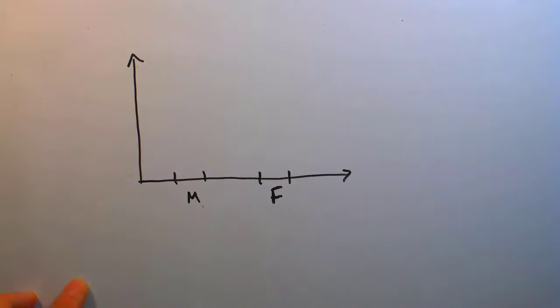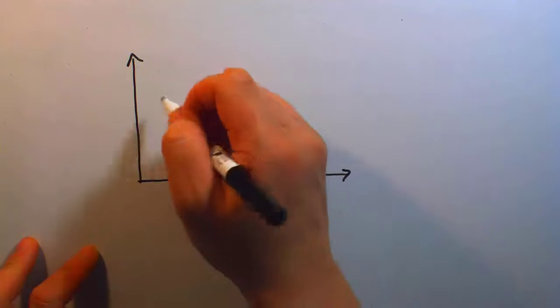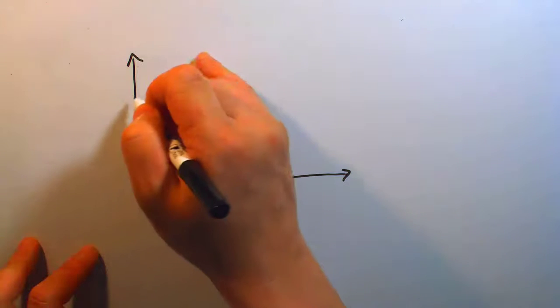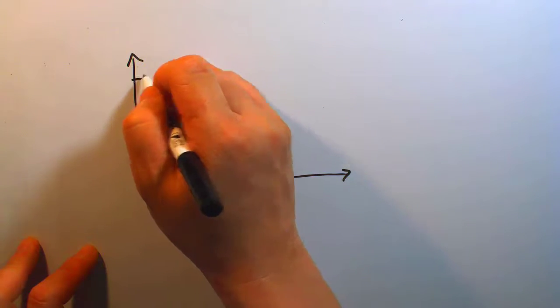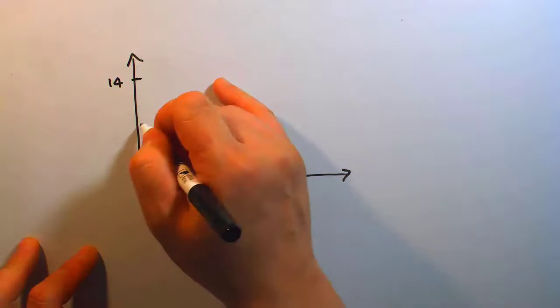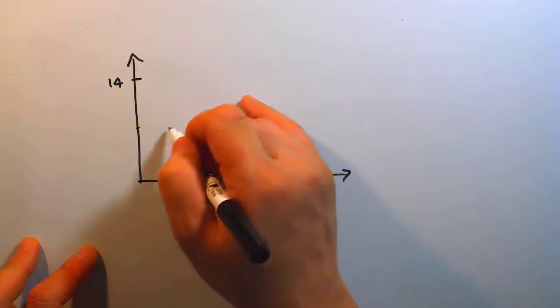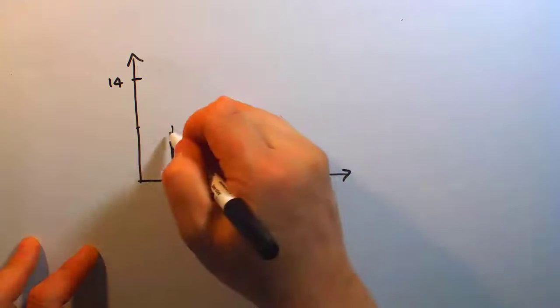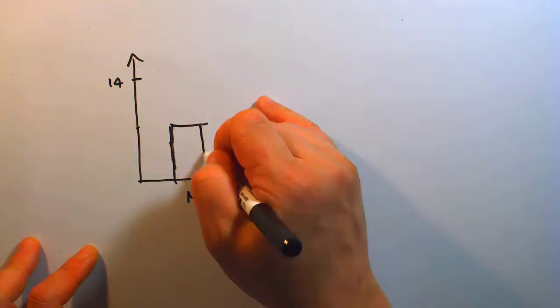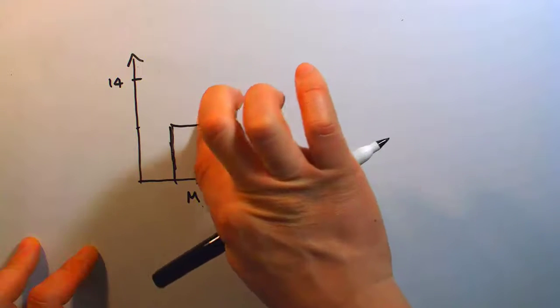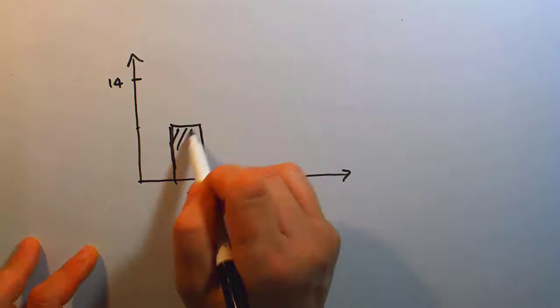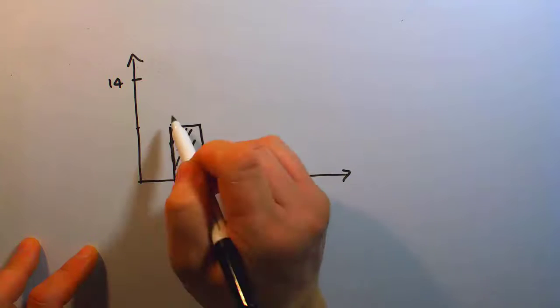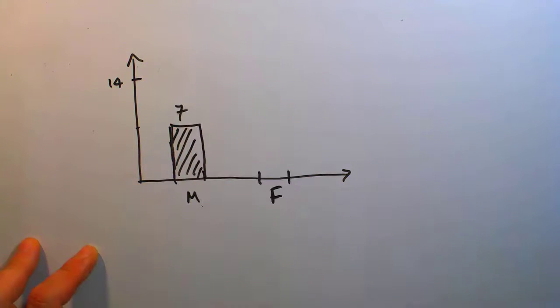And then the male category comes up to as high as, let's say, I'll go with 14 being the maximum scale, so 7 is exactly halfway. So my male count was 7. So I'm going to raise my category as a column, as a rectangular column, as a bar, being 7 in the count right here.